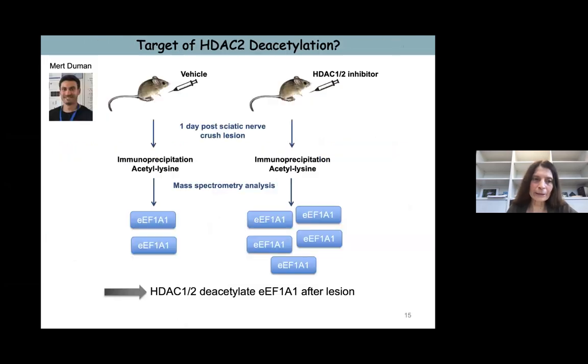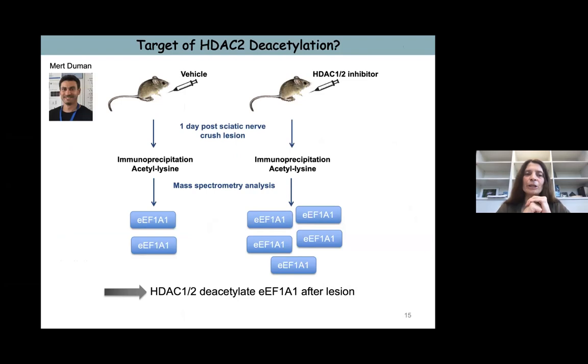This was the work of Mert Duman, another PhD student in my group, also very talented. He treated mice with an HDAC1/2 inhibitor called mosetinostat, or with its vehicle. Then he did a sciatic nerve crush lesion, and he collected the nerves at 1 day post lesion, where we know that this multiprotein complex dependent on HDAC2 is already formed.